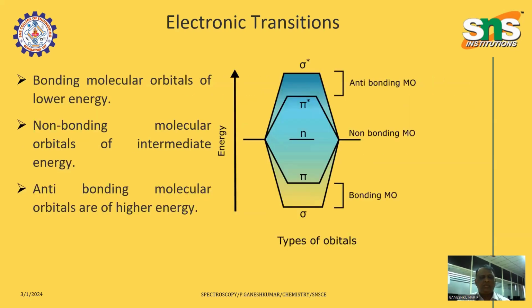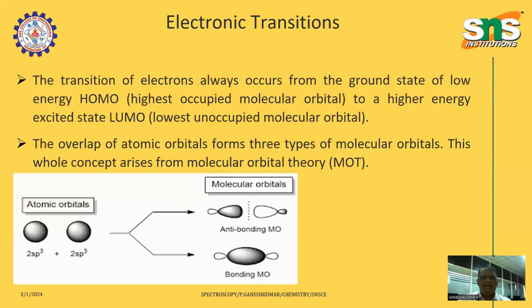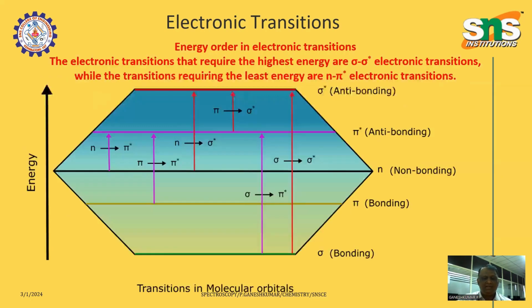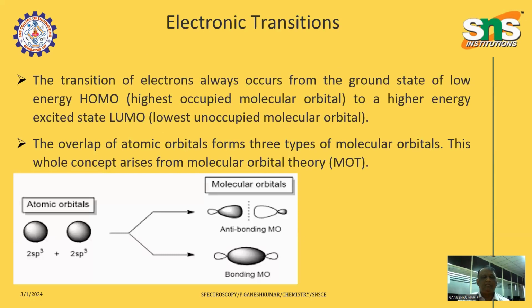So that is what we represent here. The energy of anti-bonding molecular orbitals will be high and the bonding molecular orbital energy will be less. The overlapping of atomic orbitals will form these molecular orbitals.